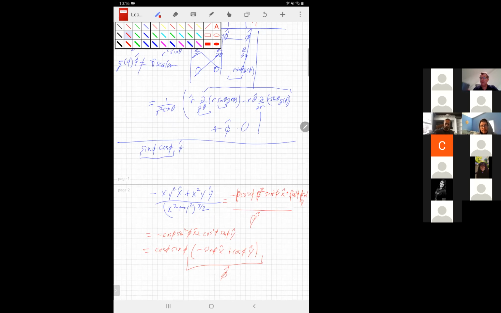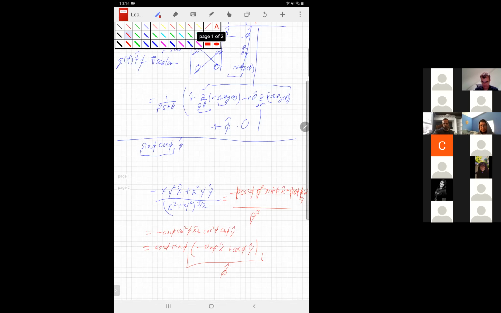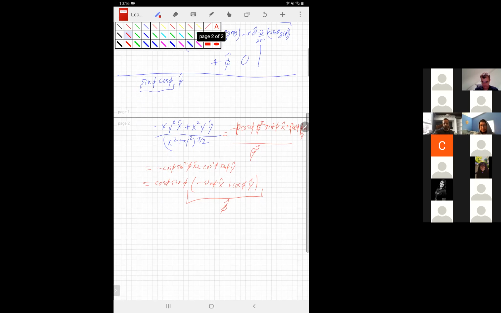Any questions? I thought that minus sine phi x hat plus cosine phi y hat is phi hat times rho. What's phi hat times rho? Just the inside of the parentheses. Because I thought phi hat had to be over the square root of x squared plus y squared, if I remember from the activity correctly.